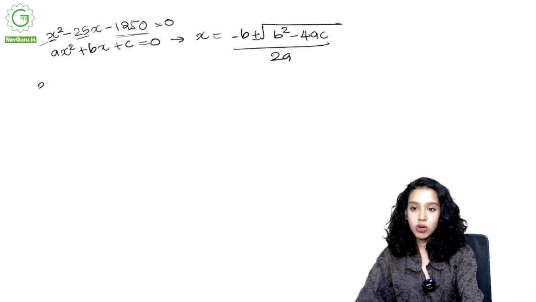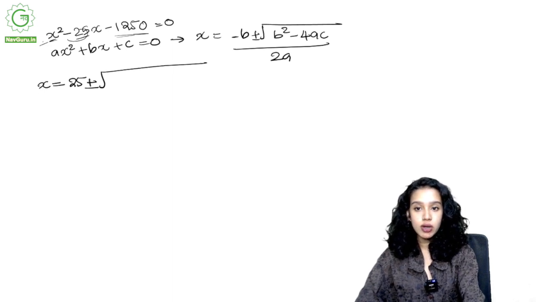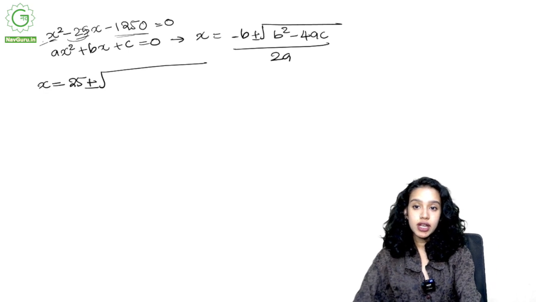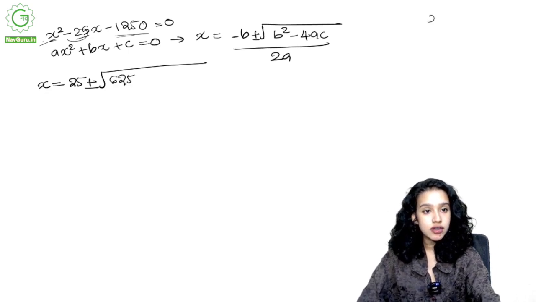Now let's find the value of x. x is equal to minus of negative b, which is plus b, so we get 25 plus or minus root of b square. What is the square of 25? The square of 25 is 625, which we can verify by multiplying 25 into 25.